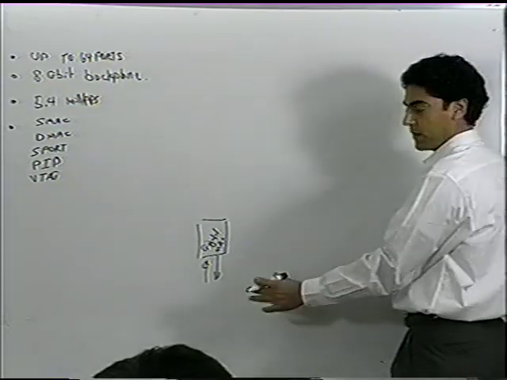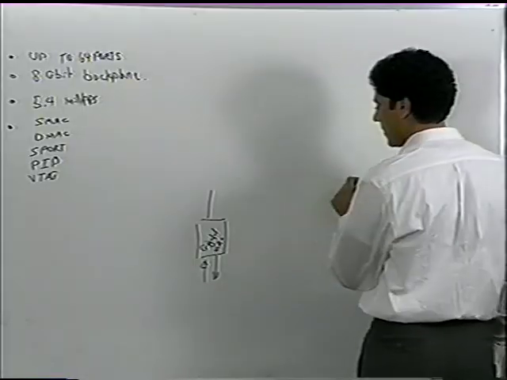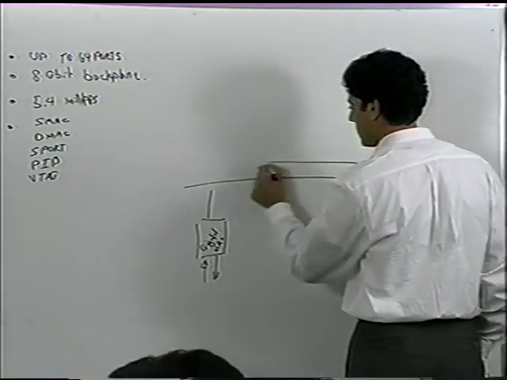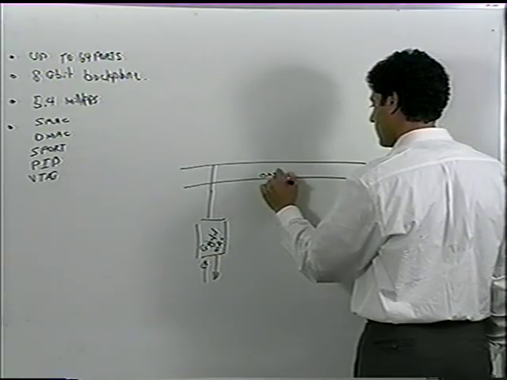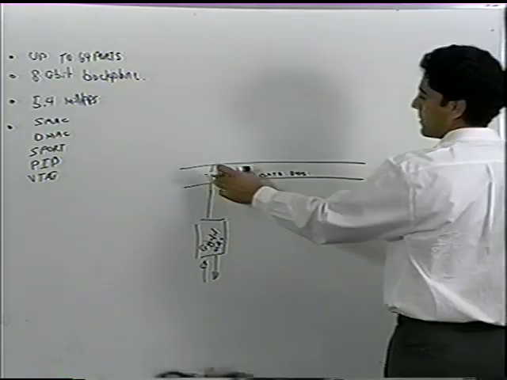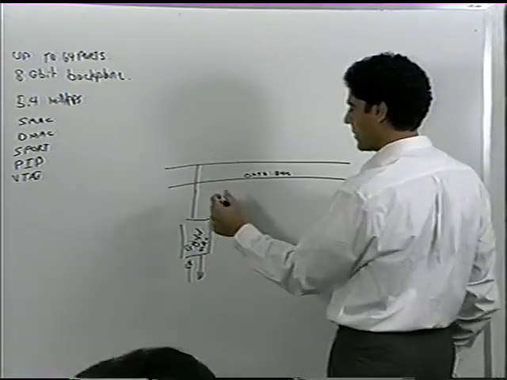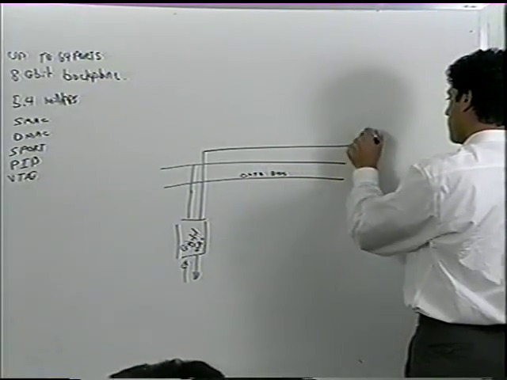This will be, for instance, a Mac. These are the data buses, and we'll discuss in a minute some more.